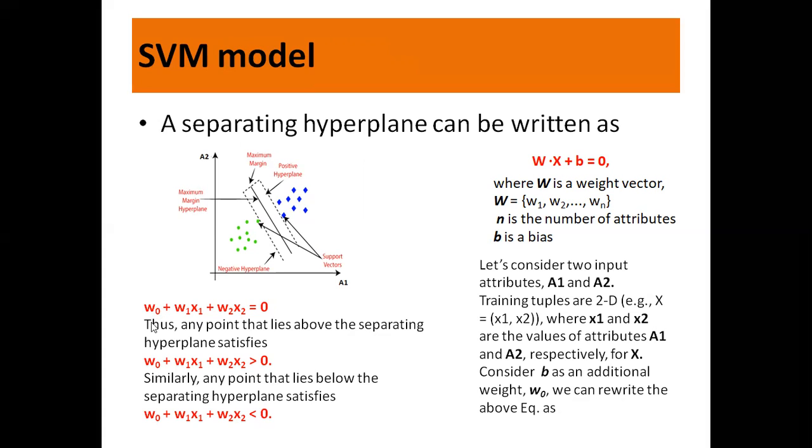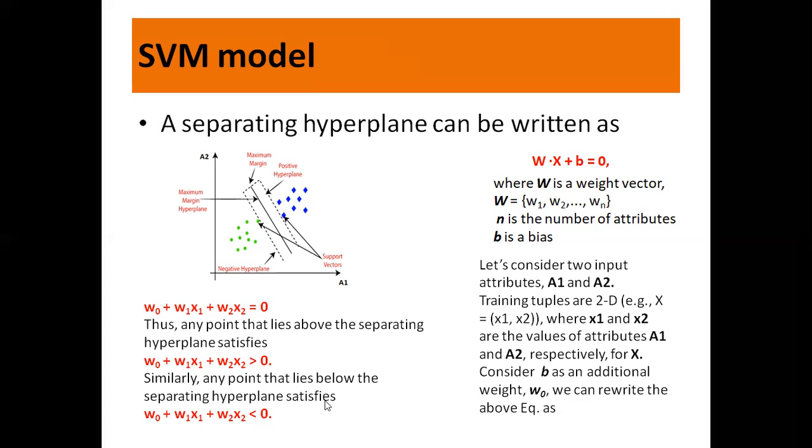Right. Now, any point that lies above the separating hyperplane satisfies w0 + w1x1 + w2x2 > 0, right? Then it is positive, it belongs to the positive side, this side of the class.